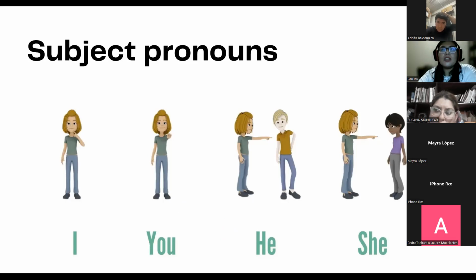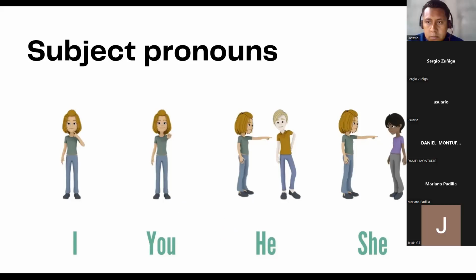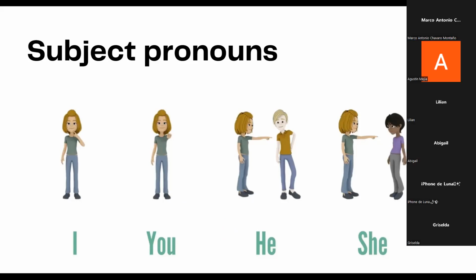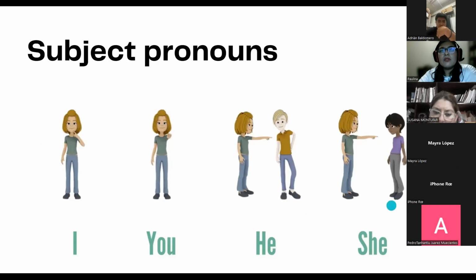So I would use she for Susana, for Mayra, for Mariana, for all of my women, for Lilian, for Abigail, for Griselda. Now, all of these pronouns are just one person. Estos son mis pronombres singulares. Yo, tú, él, ella. That's it.